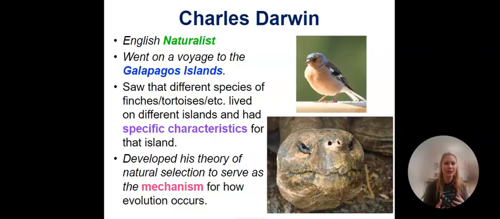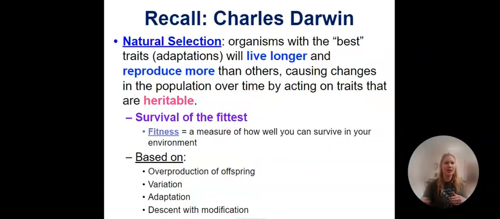These observations are what allowed Darwin to develop his now famous theory of evolution by natural selection, as essentially a way of explaining the mechanism for why he was seeing all of these different adaptations or characteristics within these populations.